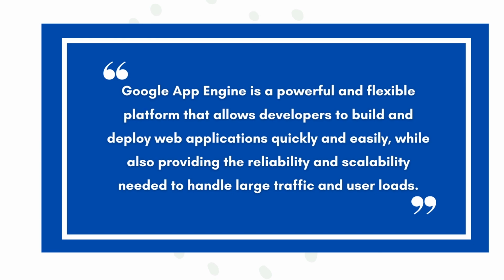Before we go any further, let me talk a bit about App Engine. So, Google App Engine is a powerful and flexible platform that allows developers to build and deploy web applications quickly and easily, while also providing the reliability and scalability needed to handle large traffic and user loads.